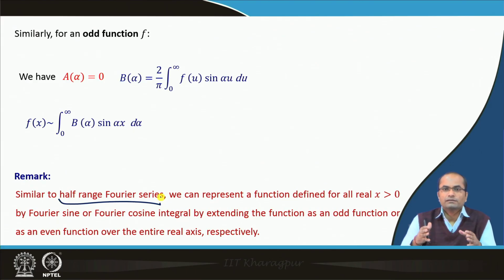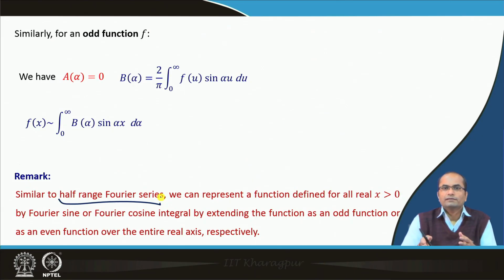If we make the entire function defined in minus L to L an odd function, we end up with the sine series, and if we extend it so that the function becomes even, we end up with the Fourier cosine series.